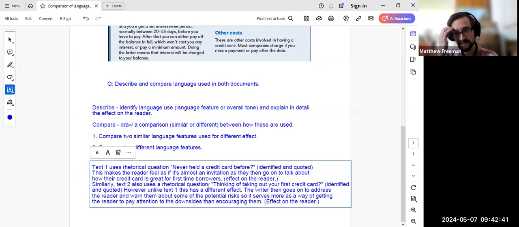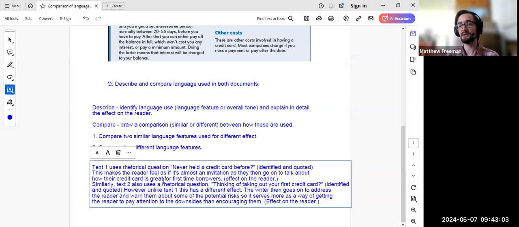Now, that is quite handy. If you can spot where the writers have used the same language feature but for a different purpose, I would say that's a really good one to go for, because one of the trickier parts of language analysis is actually considering the effect.